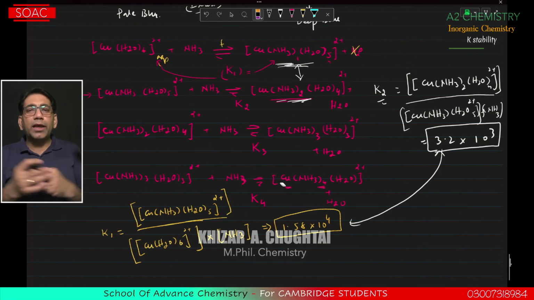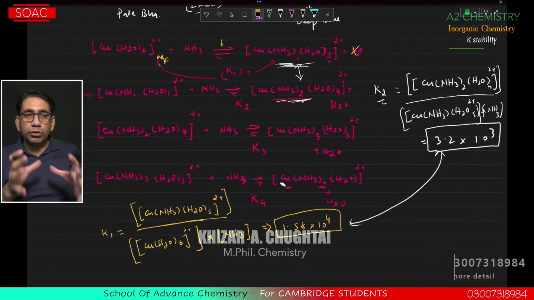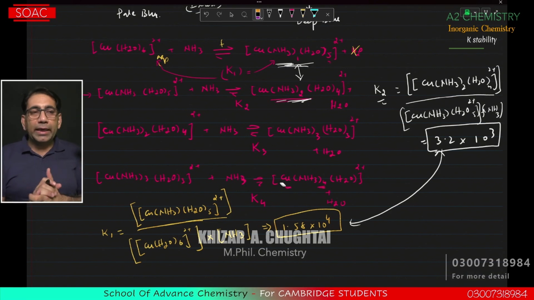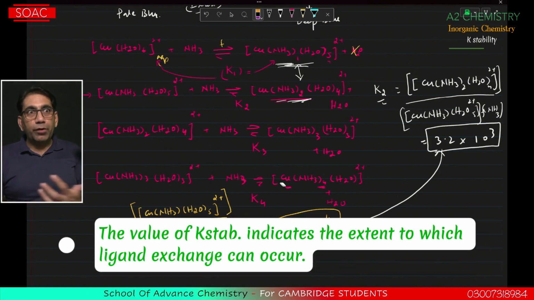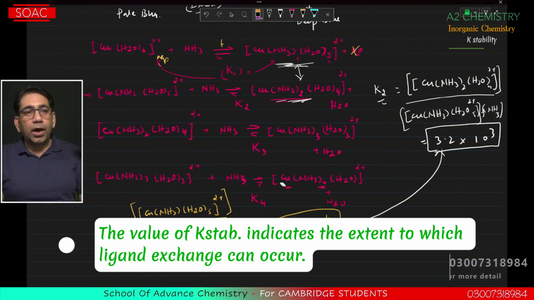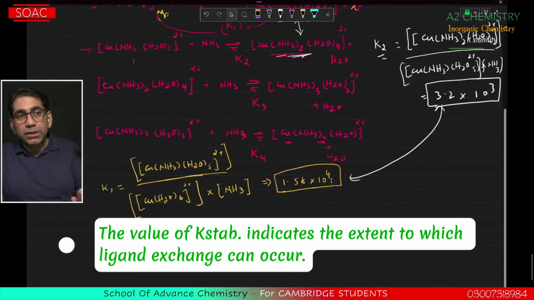If I'm going to write the K5, if I introduce the fifth ammonia ligand, the value is very much low, almost 0.32 is its K stability for the introduction of the fifth ammonia over here. So that's why the next ammonia we cannot introduce into this complex.